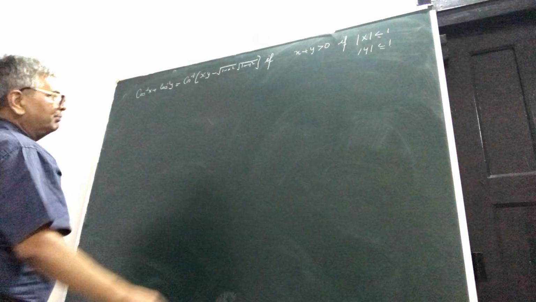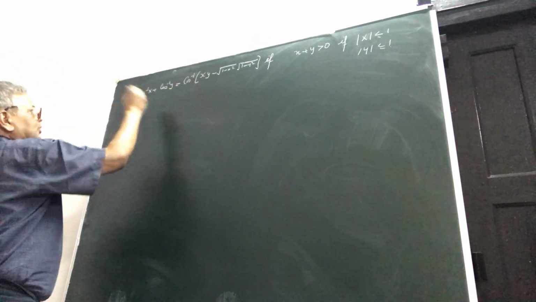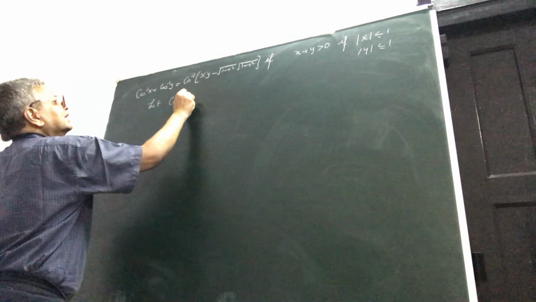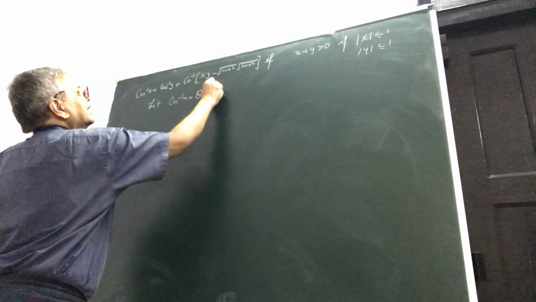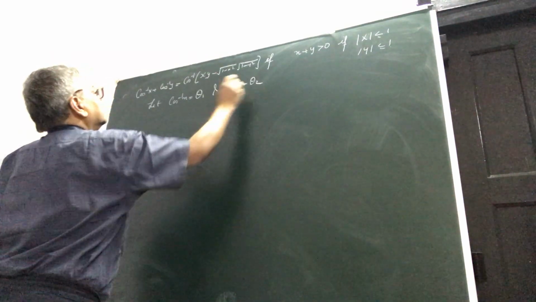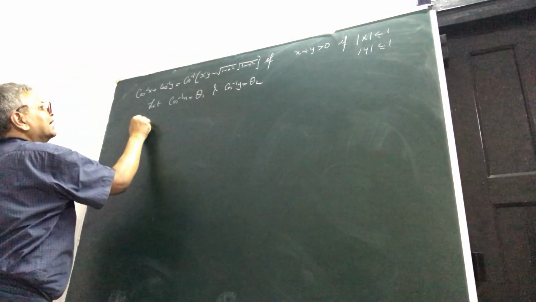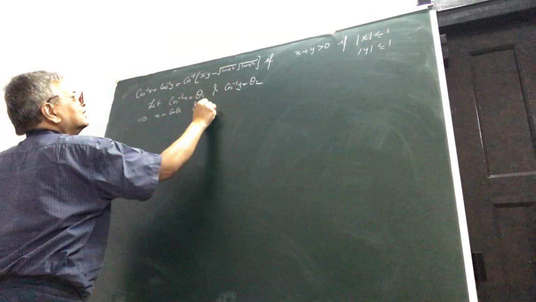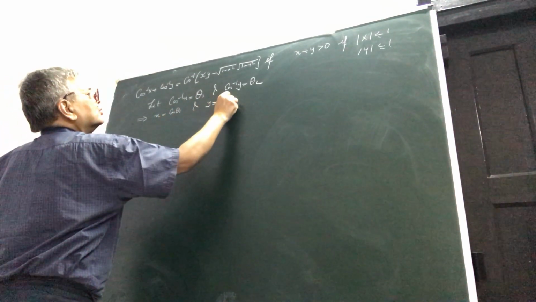First, a very simple result, x plus y is greater than 0. So what will you do? You will assume that cos inverse x is equal to theta 1 and cos inverse y is equal to theta 2, implying that x is equal to cos theta 1 and y is equal to cos theta 2.